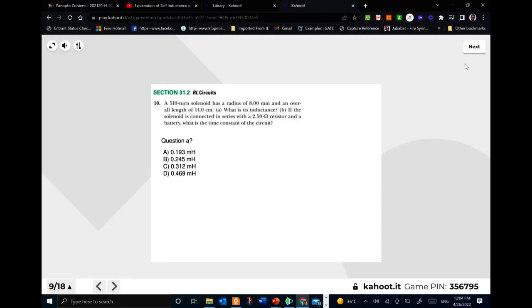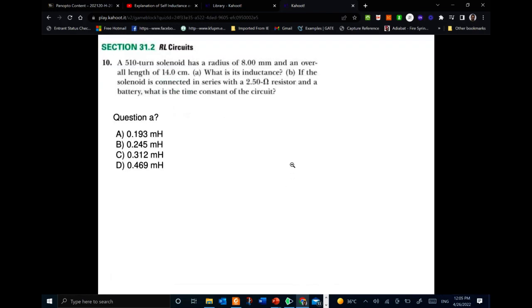Okay, 2 minutes for this one, just question A. Well, actually this is 1.5 minutes. This is easy. Let me magnify it. A 500 turn solenoid has a radius of 8 millimeter and a length of 14 centimeter. What is its inductance? If the solenoid is connected in series with a 2.5 ohm resistor and a battery, what is the time constant of the circuit?